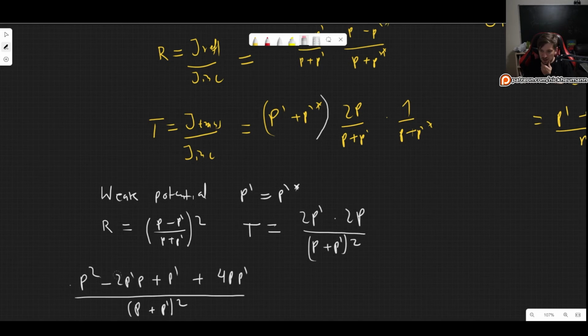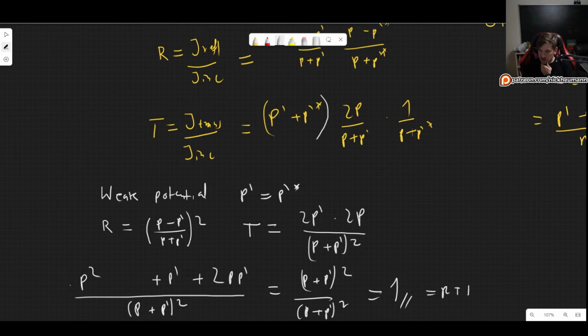So we can see that this one will partially cancel out with this. And here we end up with p plus p prime squared divided by p plus p prime squared, and this is 1. Okay, so we can see that r plus t is indeed 1, which is what we expect.